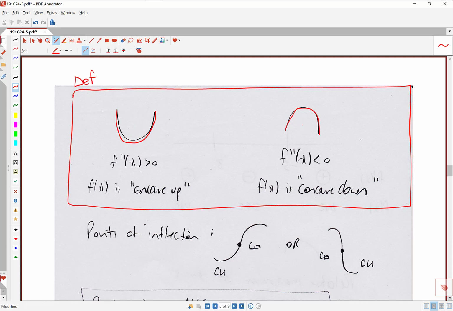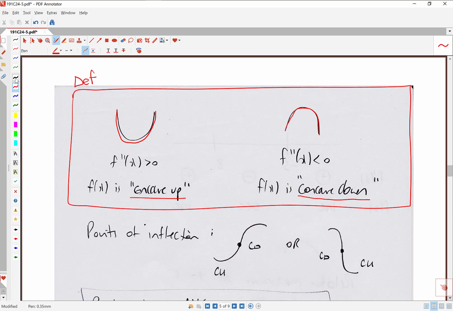In the right picture, the cereal would be on the floor because the bowl is upside down. So the proper terminology that we use for this, we say our function is concave up when the bowl is pointing upwards, and we say that f of x is concave down if the cereal is on the floor, if the bowl is upside down.